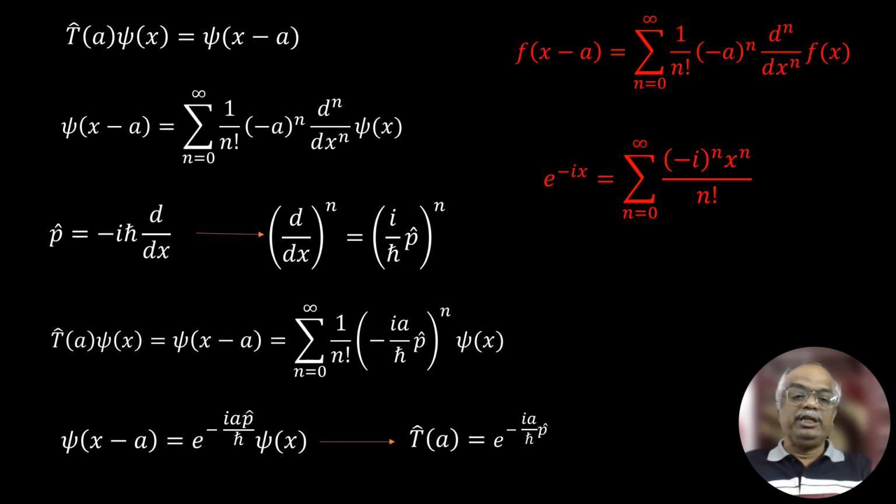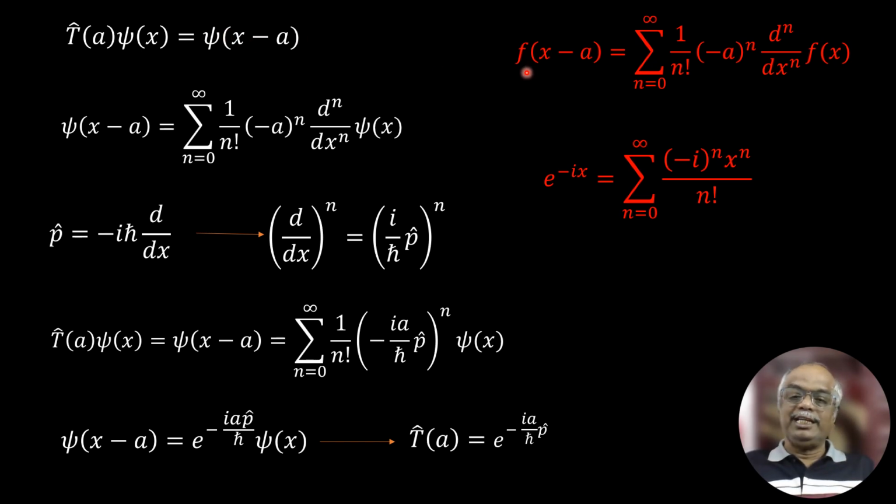Before going into the translational operator in the two-particle system, we will see some fundamental concepts of the translational operator in a one-particle system. When the translational operator T of a acts on psi of x, it gets translated to psi of x minus a.